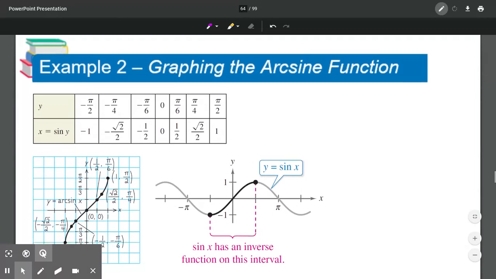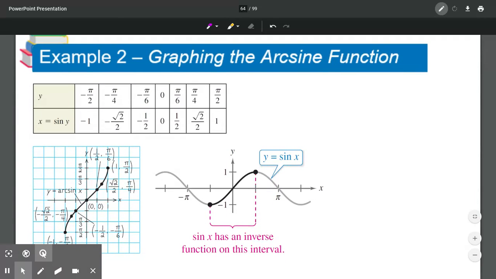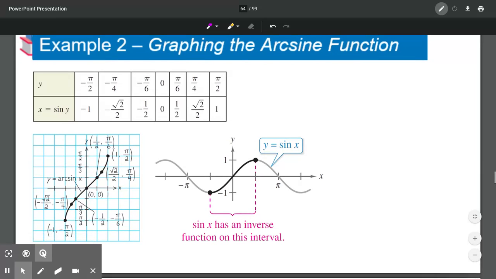All right, if we look at this next example, if we were graphing the inverse, what we could do is make a table, almost thinking of this as your sine of x and your y. So the sine of pi over 2 is 1. The sine of pi over 4 is root 2 over 2. Then all you have to do for your inverse is switch. If you notice, they just switched the x and the y.